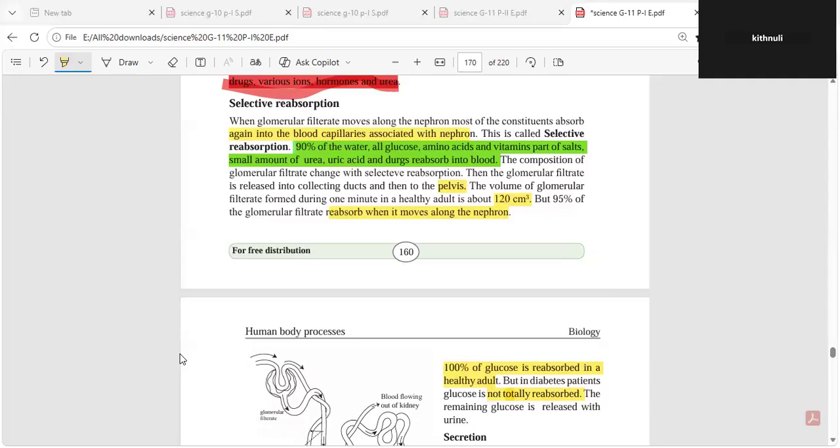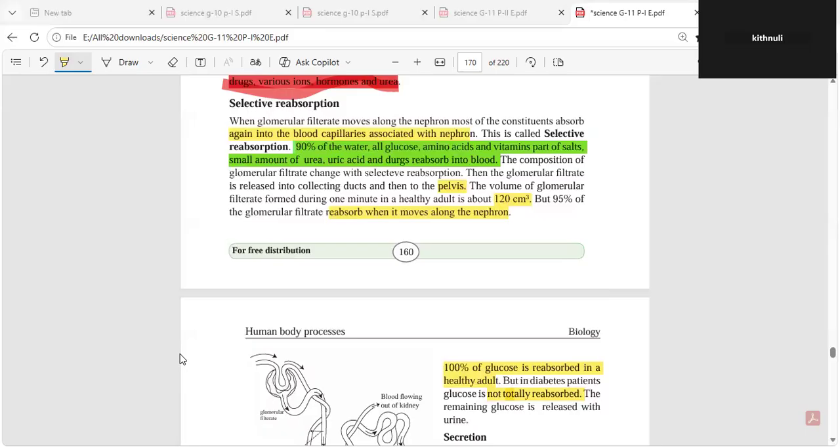And the vitamins, right? Some amount of salts. And a small amount of urea is also reabsorbed. Urea, uric acid, yes, they are nitrogenous excretory products, but they are also reabsorbed into the blood.